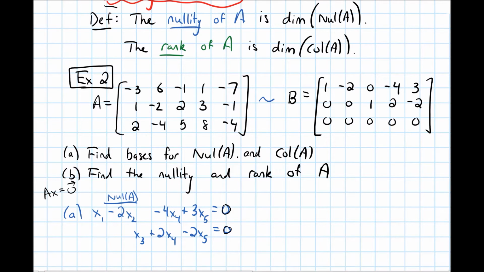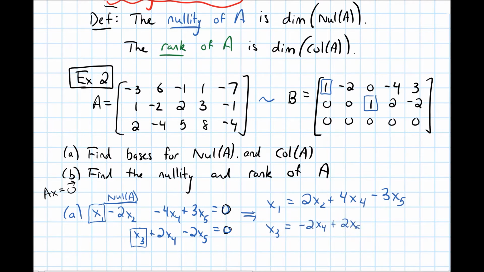In my row reduced form, there's a pivot in the first column and a pivot in the third column, so we want to isolate x1 and x3. In the first equation, we get x1 equals 2x2 plus 4x4 minus 3x5. In the next equation, we get x3 equals negative 2x4 plus 2x5.